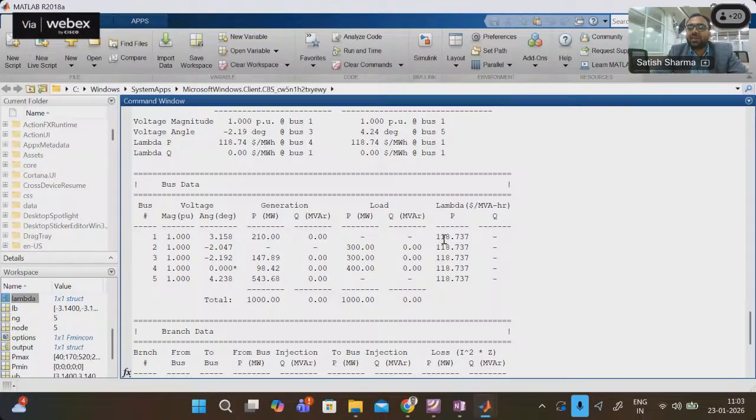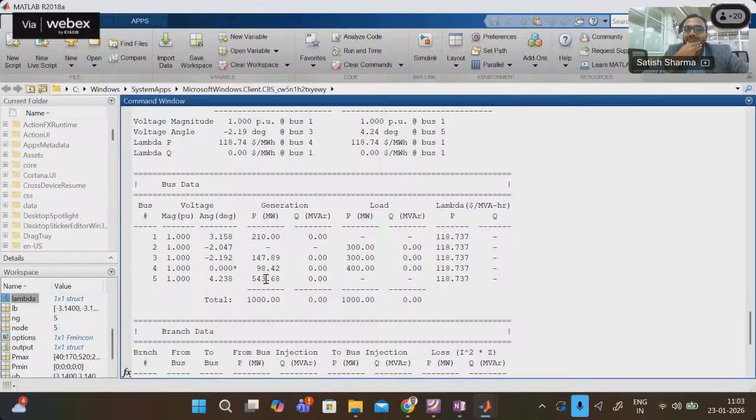Lambda is 118, and our lambda was something else. It was not 118, and it was different as well. And these P1, P2, P3 are also different for our case.